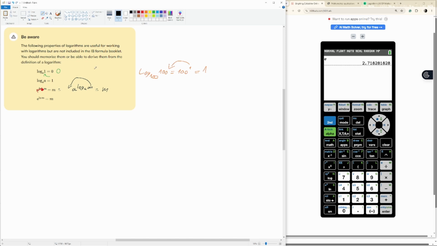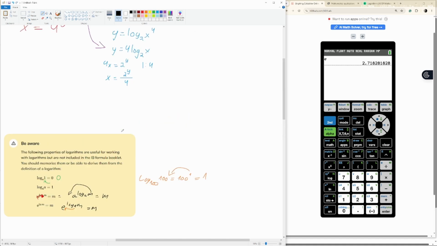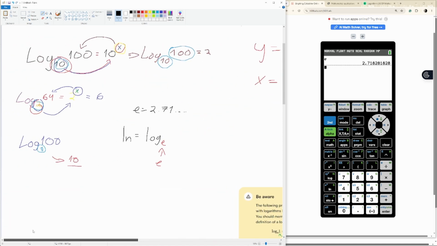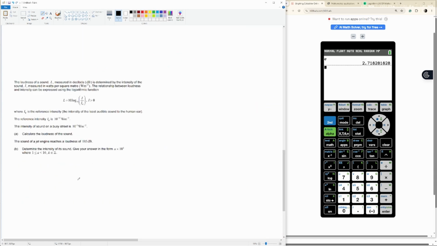And the same case is for e, because e to the power of log e m, if your base is the same as the number in the power, then you can also write this down as m. And that should be all that you should know about the formulas when you're going to do your paper 1 or paper 2, or even maybe paper 3, depending on the situation.